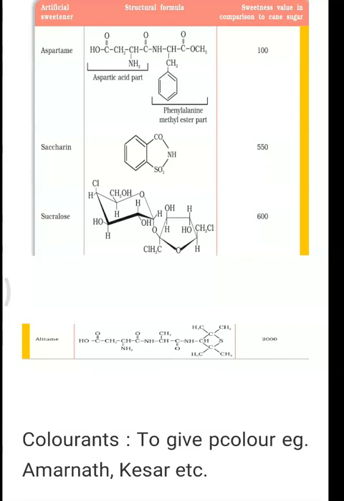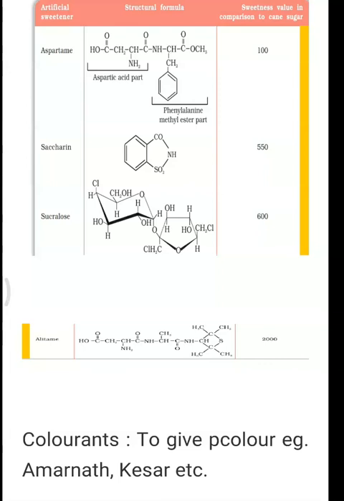After this, we have alitame. Alitame is another very important artificial sweetener, and it is nearly 2000 times as sweet as sucrose. The problem with alitame is that it is very difficult to control the quantity that should be used in different food materials. So that's all about the artificial sweeteners.